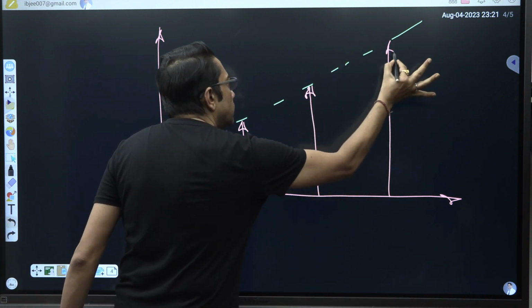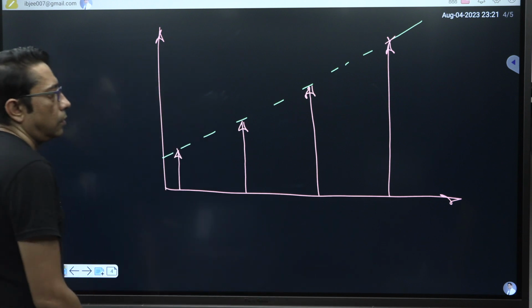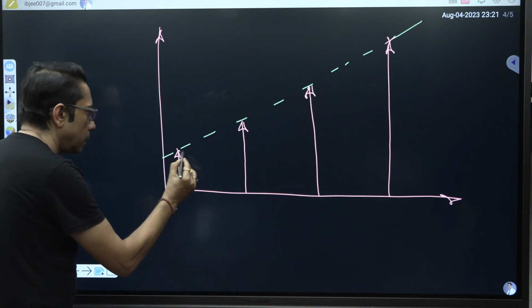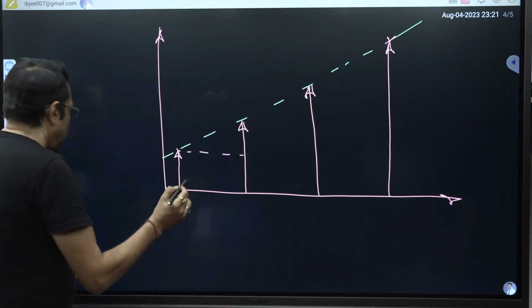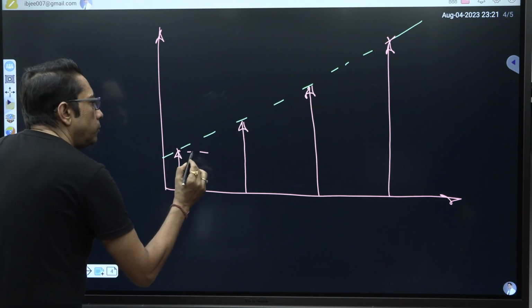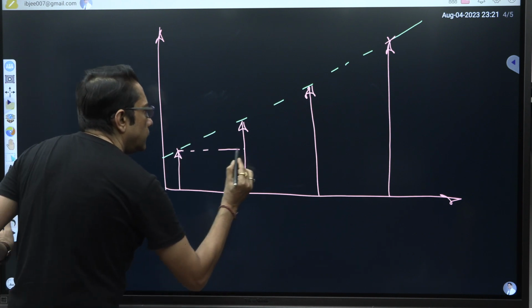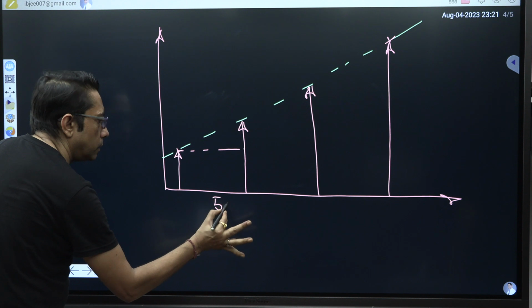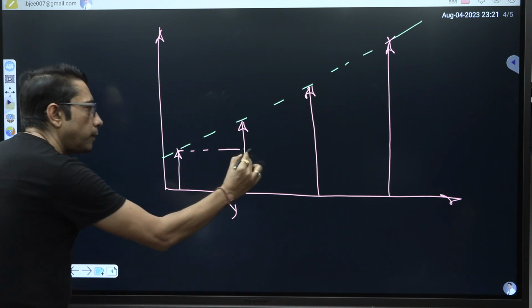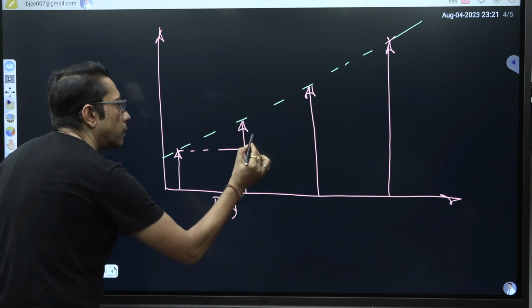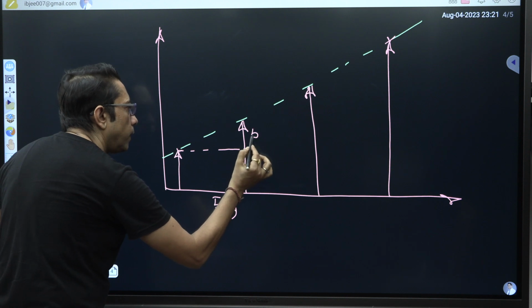Similarly, like this. So what do we see? If the x-axis value remains the same, say this is every 5 years, this rise in height, say 5 centimeter.